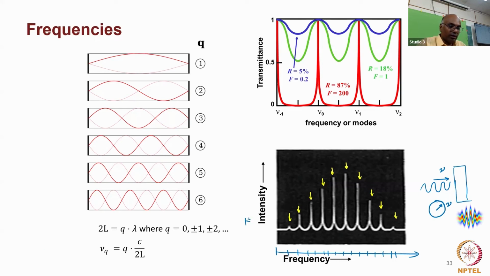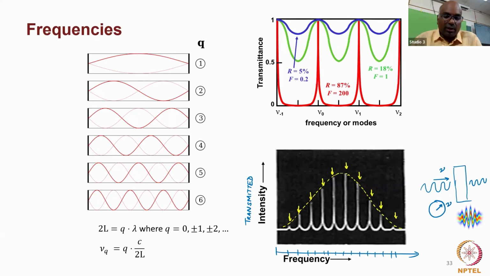So this is transmitted intensity or irradiance coming through on the other side, right? So we have the same kind of maxima, but then as you see, there is an envelope which is formed in this case, which has something like an inverted bell-shaped curve.